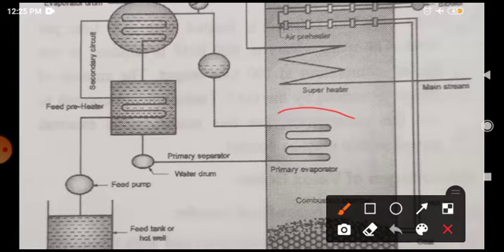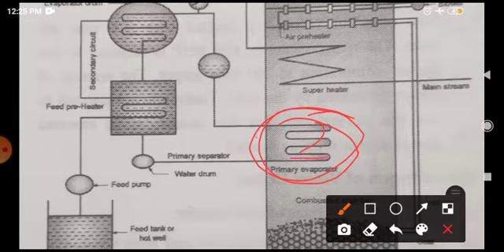Here the primary evaporator is shown. In this primary evaporator, the temperature of the water is raised. Then the hot water is supplied to this tank. In this tank there is water at some temperature.